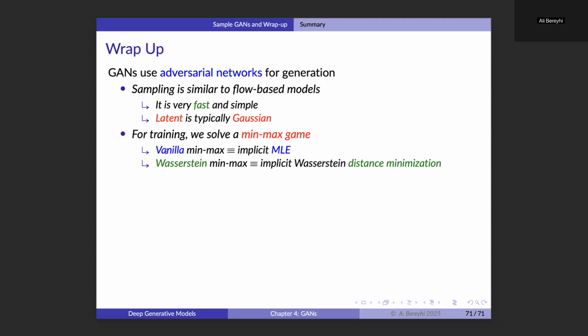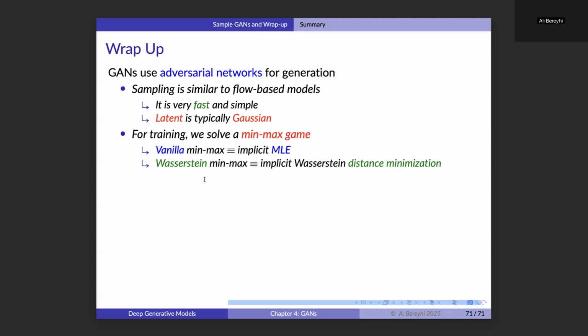Now, we can either do it by minimizing the Jensen-Shannon divergence, and this is going to be some sort of implicit maximum likelihood estimation, and this is what we eventually do in vanilla GAN.